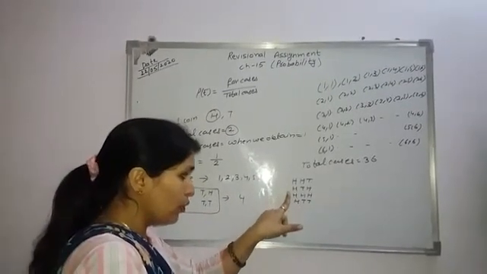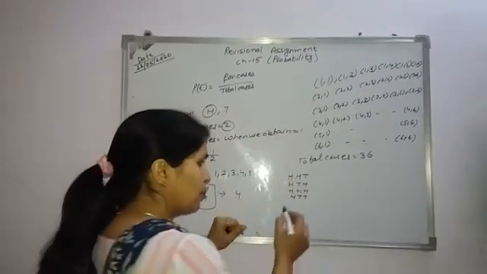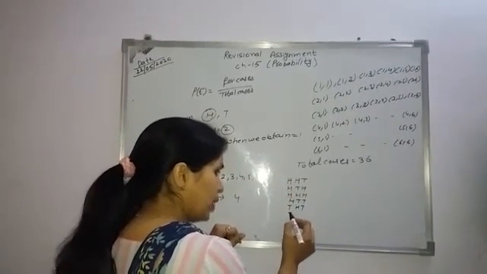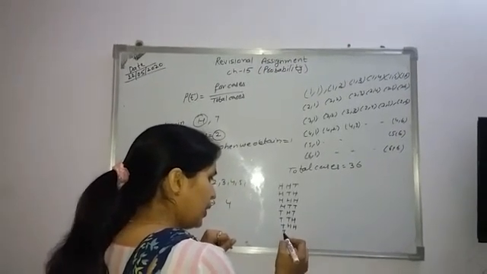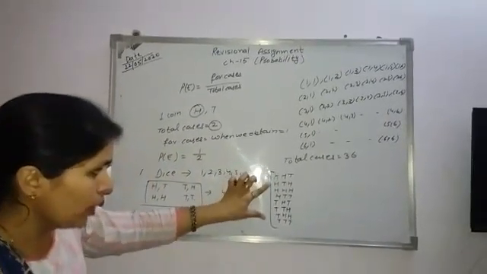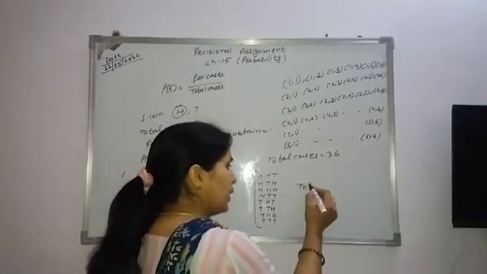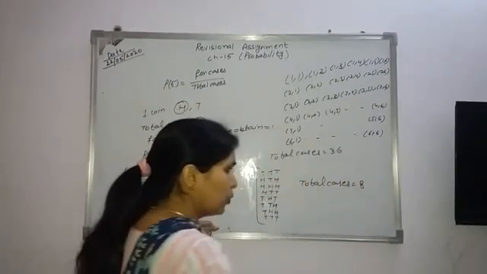But on the first coin, it is not fixed that we always obtain head. It can be tail. So tail head head, tail head tail, tail tail head, tail tail tail. So how many total cases do we have? 1, 2, 3, 4, 5, 6, 7, 8. So total cases in case of 3 coins is equal to 8.